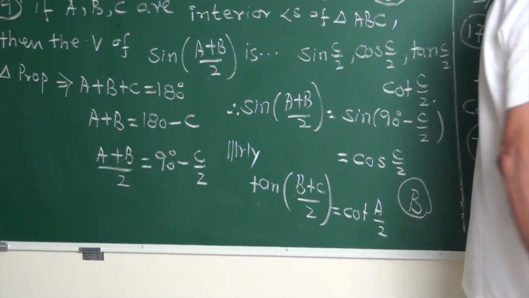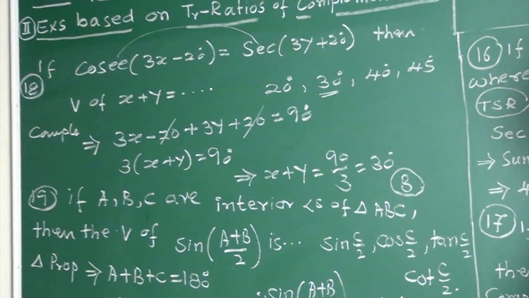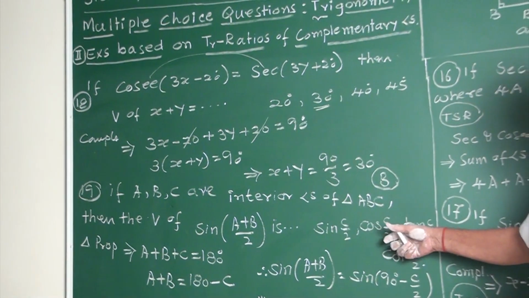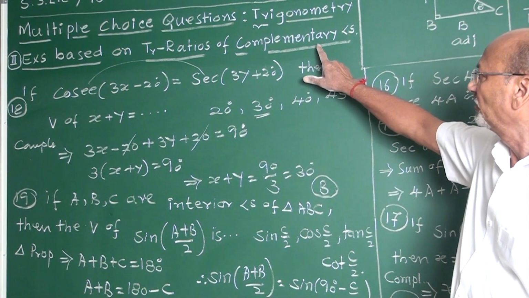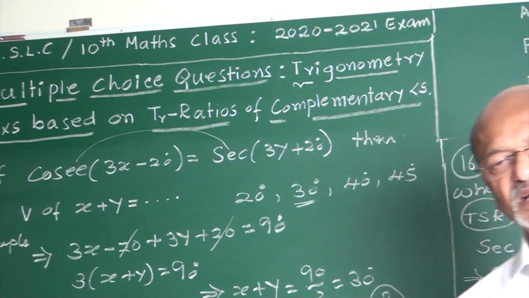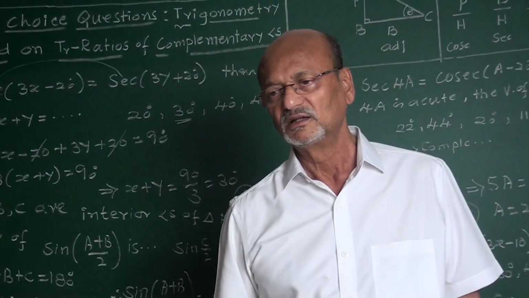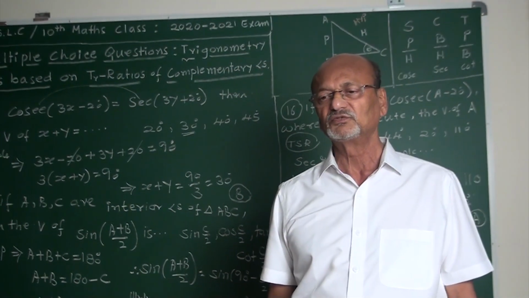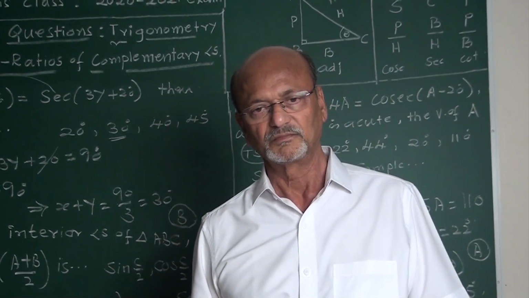These are, my friends, around 17, 18 examples. These are objective type, multiple choice questions on complementary functions. Now it is left with examples on values of trigonometric ratios of 30, 45, 60, 90, 0 degrees.